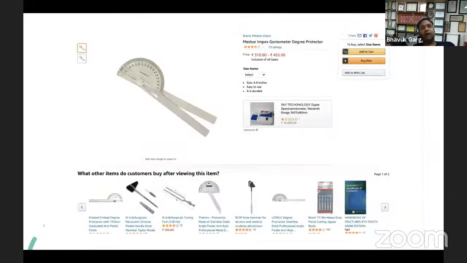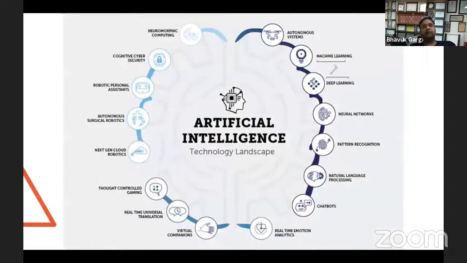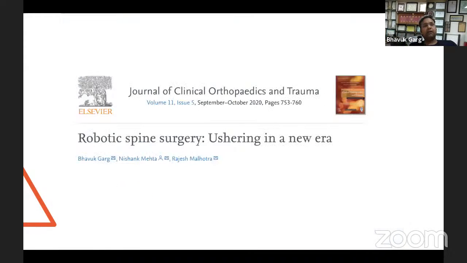Similarly on Amazon, if you buy a product, it can suggest many things which other people who bought the same thing have bought. So these are all sorts of artificial intelligence. And actually, this presentation has also been made with the help of the artificial intelligence tool from PowerPoint. So basically there are several domains of artificial intelligence which are changing our medical field day by day.